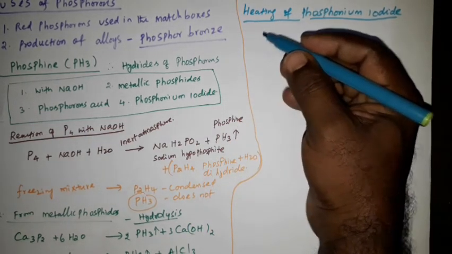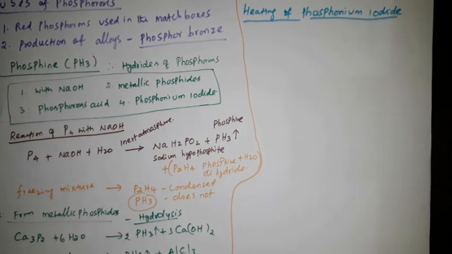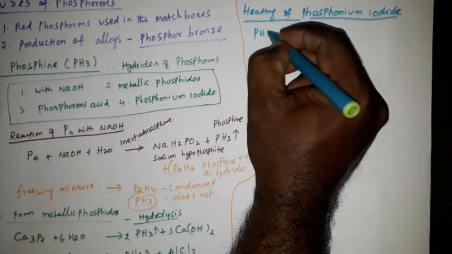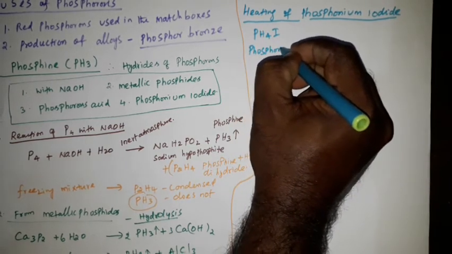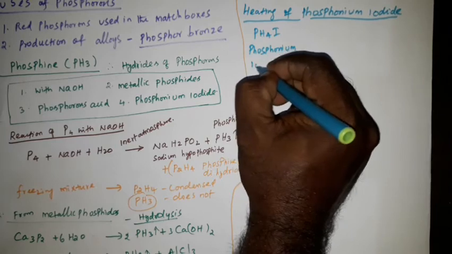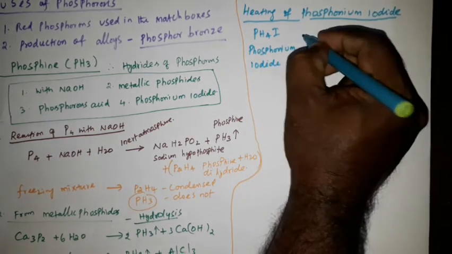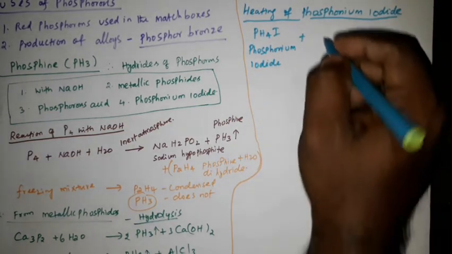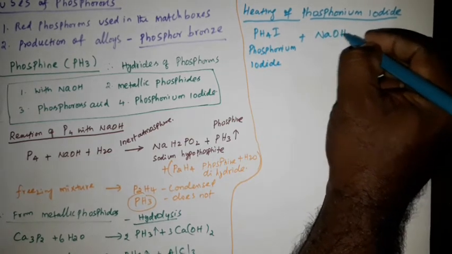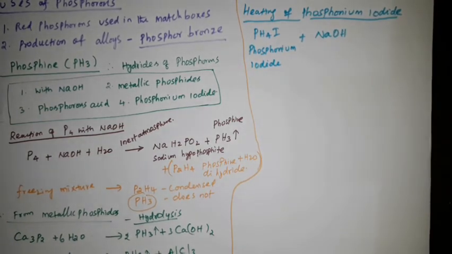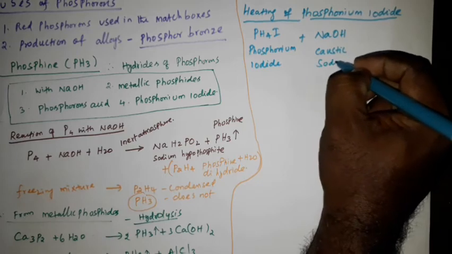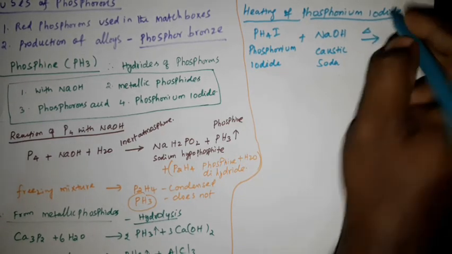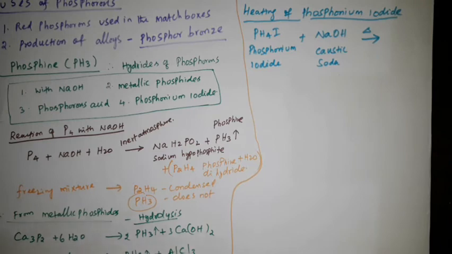The formula is PH4I. This is phosphonium iodide plus sodium hydroxide. This sodium hydroxide is caustic soda. So we are heating, we will get phosphine.